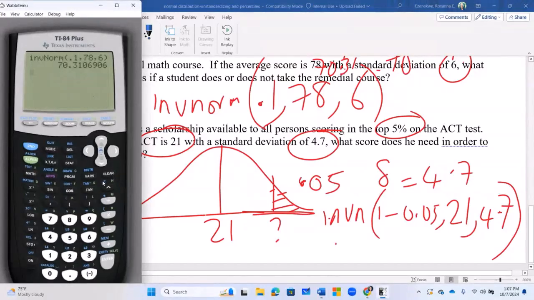All right, so I'm going to clear, and then second, and then number 3. So I'll put in 1 minus 0.05, and the mean is 21, and the standard deviation is 4.7.